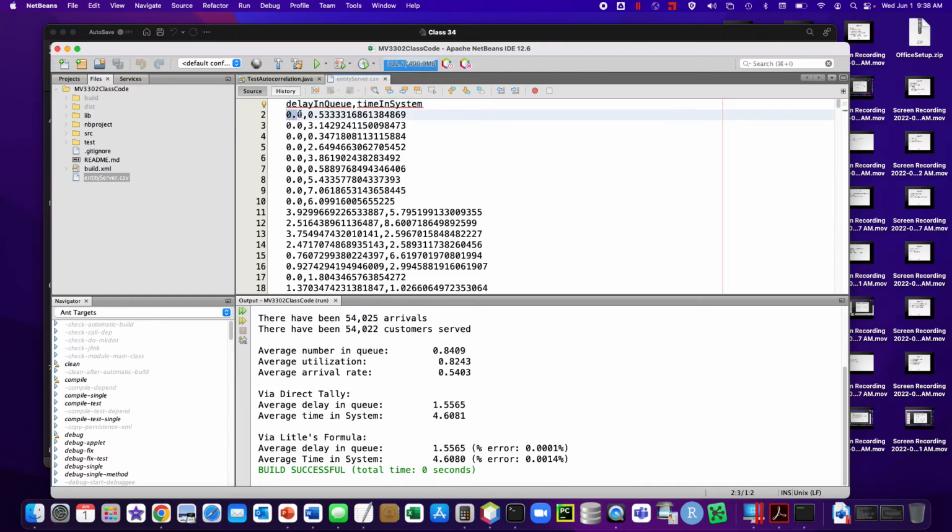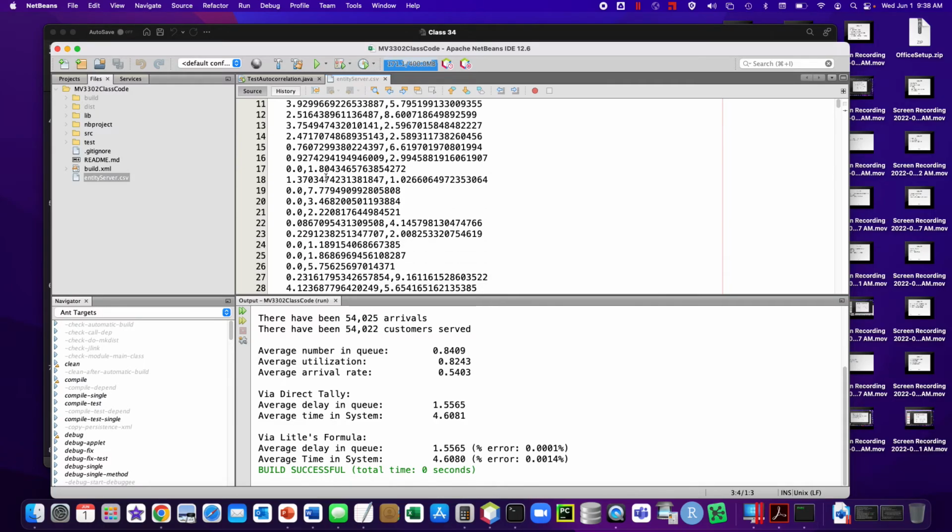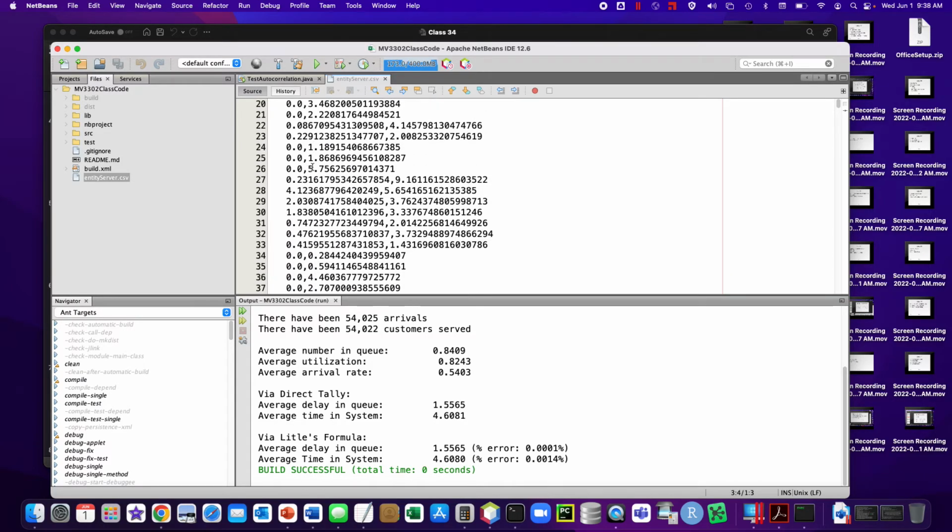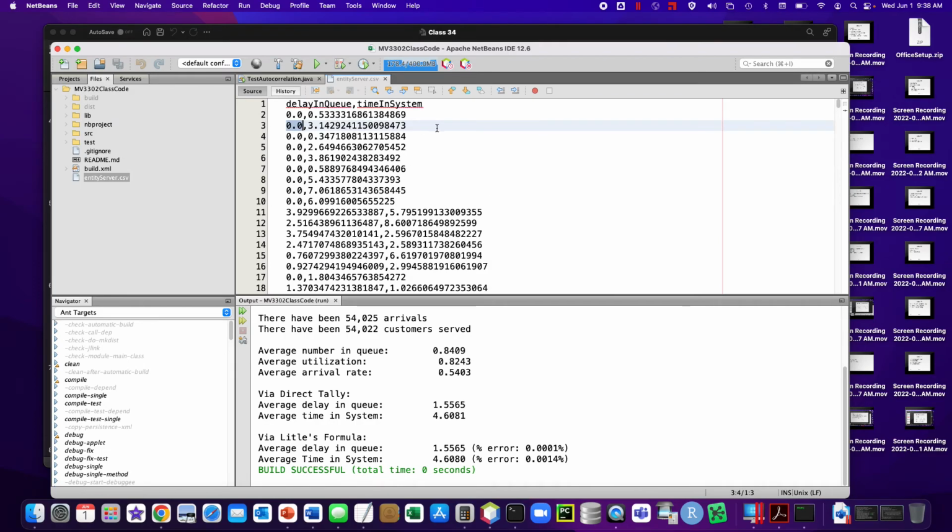If you look carefully here, you notice that the first 8 or so delays in queue were 0, and then it started to go up, and then it goes up and down, and we get zeros and others. Now I don't know whether this is going to be in steady state or not, but what I'm looking at here is I can compute the autocorrelation.